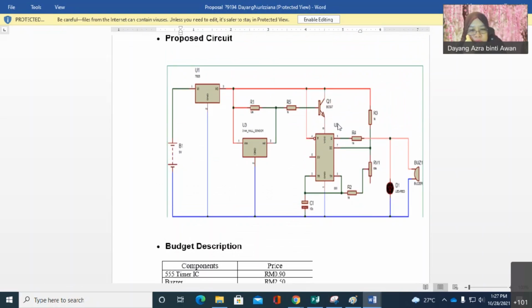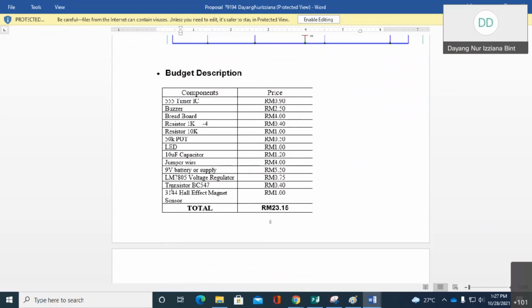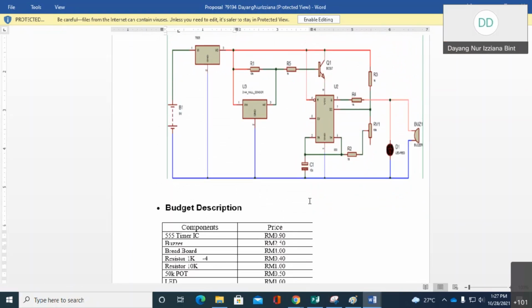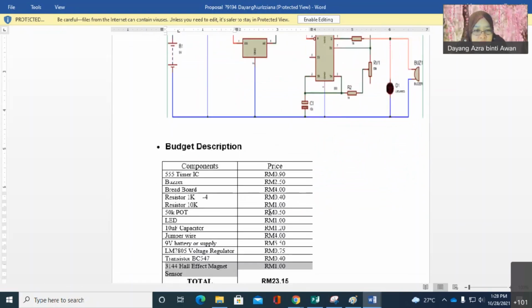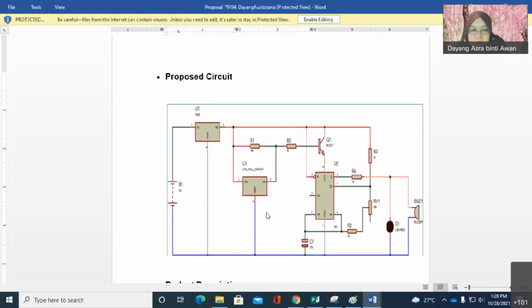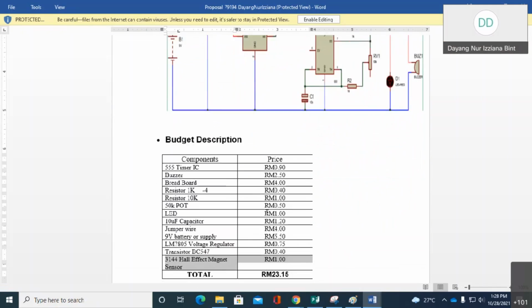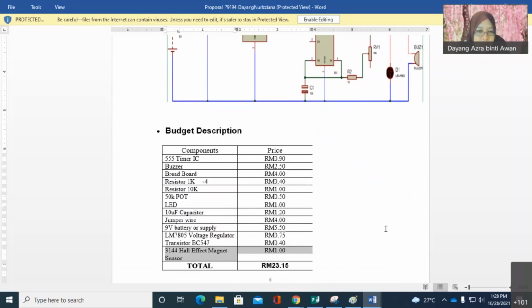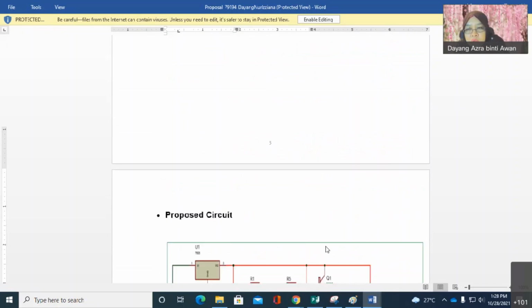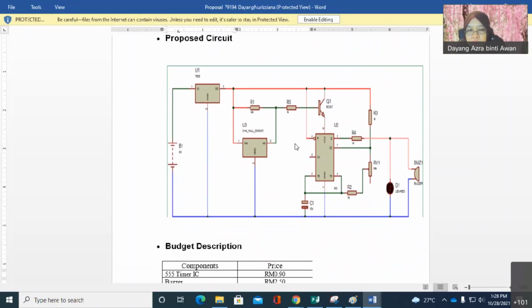Where? 3144, Dayang. That's U3. Where is this one? 3144. This one, oh this one. So there are too many components, is that okay? Okay. Already bought? Yes. Okay, never mind. So this one should be no problem as long as you understand.